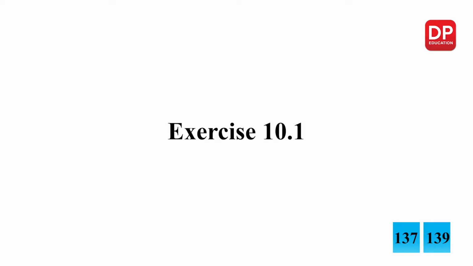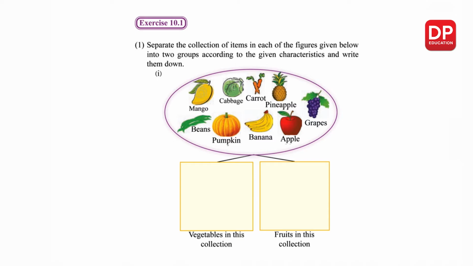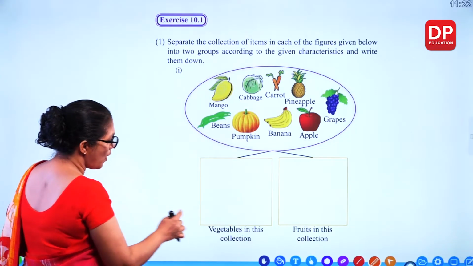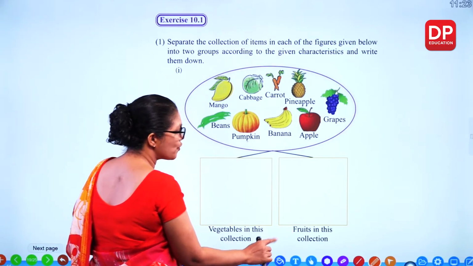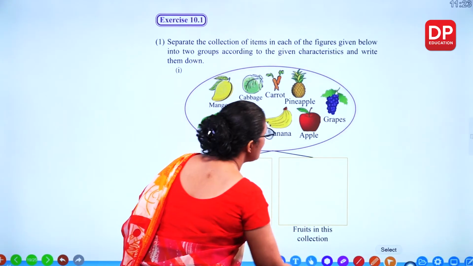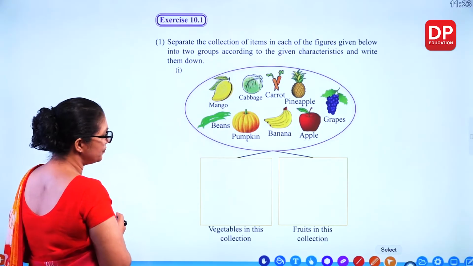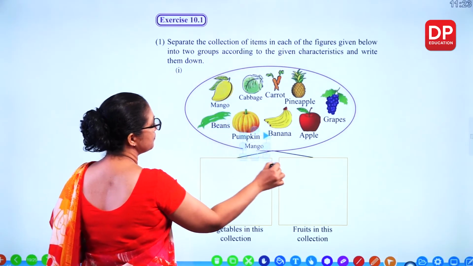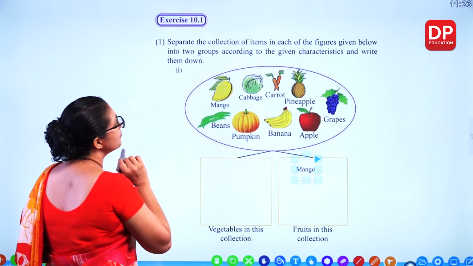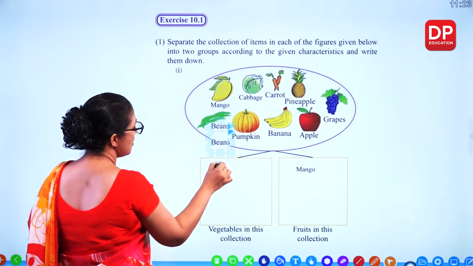Exercise 10.1. Separate the collection of items in each of the figures given below into two groups according to the given characteristics and write them down. Vegetables in this collection, and fruits. Mango is a fruit. Beans, vegetables.